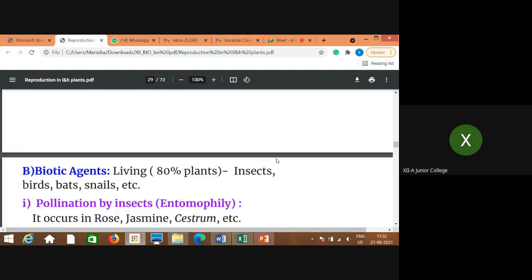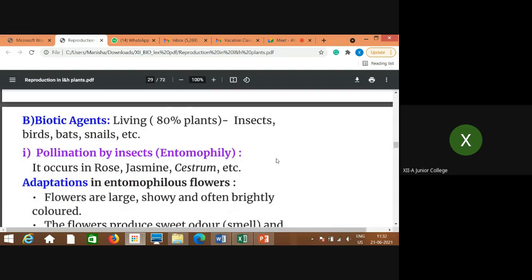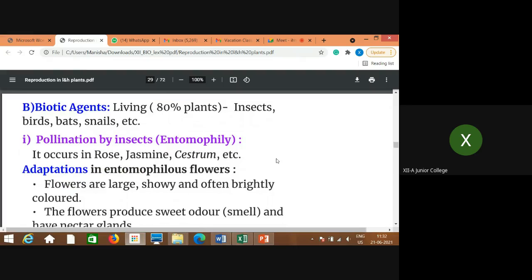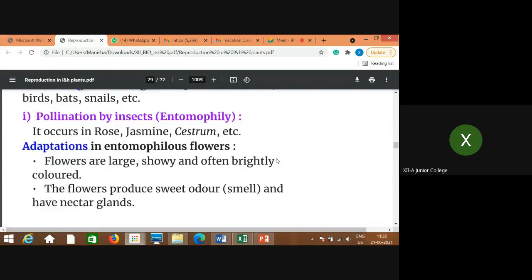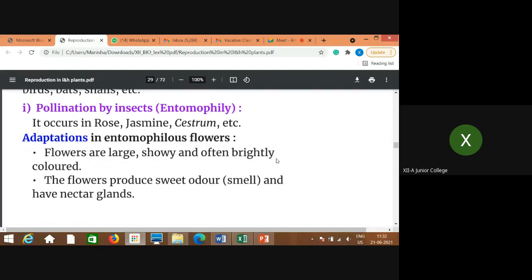Now, the second category of agents is biotic agents. Almost 80% of plants show this type of pollination, where living agents are required, such as birds, insects, bats, snails, etc. Now, one by one, we will see the types as well as the adaptations seen in these plants.